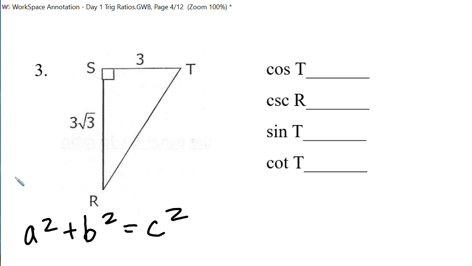So this would be 3 squared plus 3 square root of 3 squared equals c squared. 3 squared is 9. And what's 3 square root of 3 when you square it? It would be 9 times 3, which would be 27. And 9 plus 27 is 36.